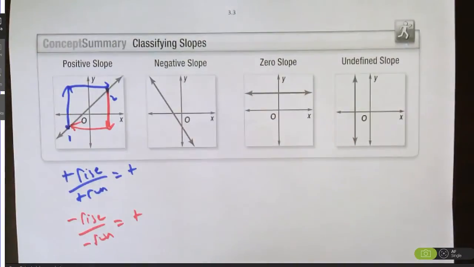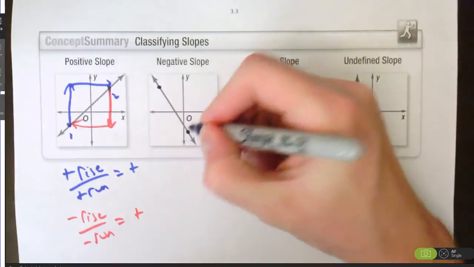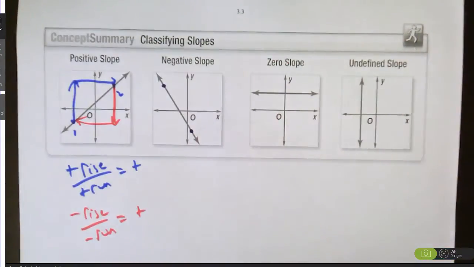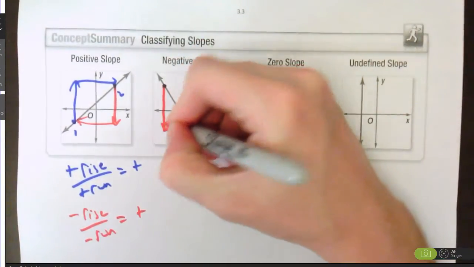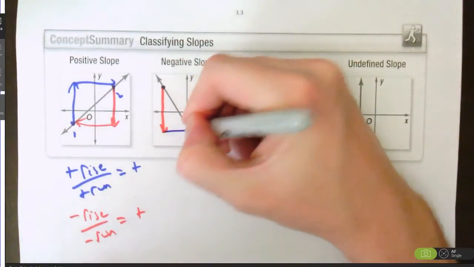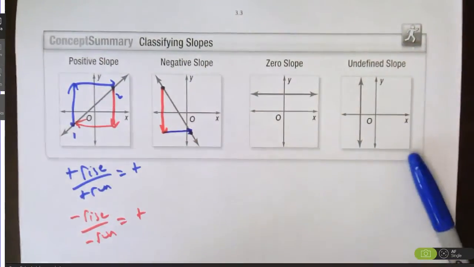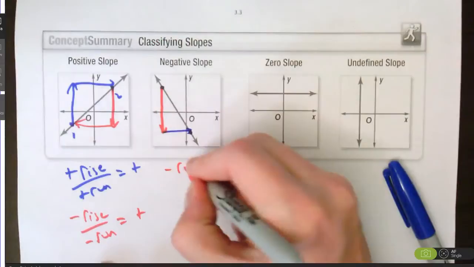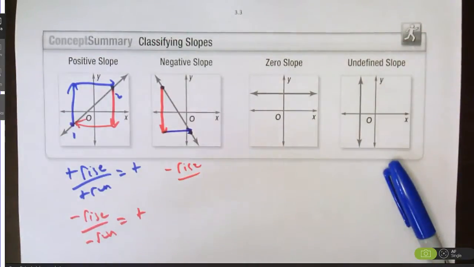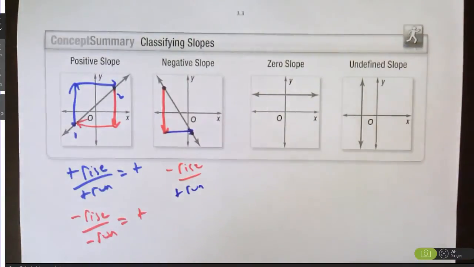Now, if I make up 2 arbitrary points on there, here and here, I could go down first and then right. This would be negative, this would be positive. So we'd have a negative rise over positive run, which ends up being negative.